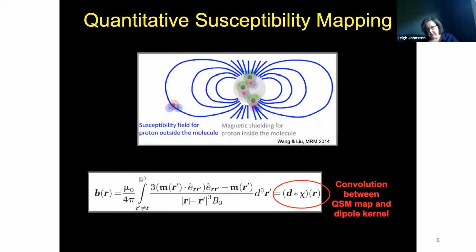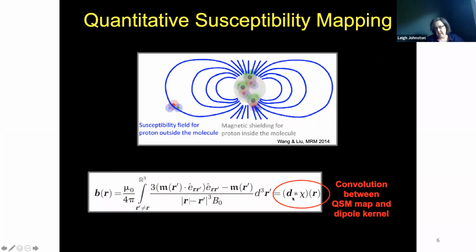So coming to the physics of this a little bit more, if we have an off-resonance, some kind of a non-proton magnetic susceptibility, something that is different to its environment, then it affects the environment around it by a standard dipole model. So the signals that we end up measuring, it's a volume integral over space of this dipole kernel, which is convolved with this underlying susceptibility map.